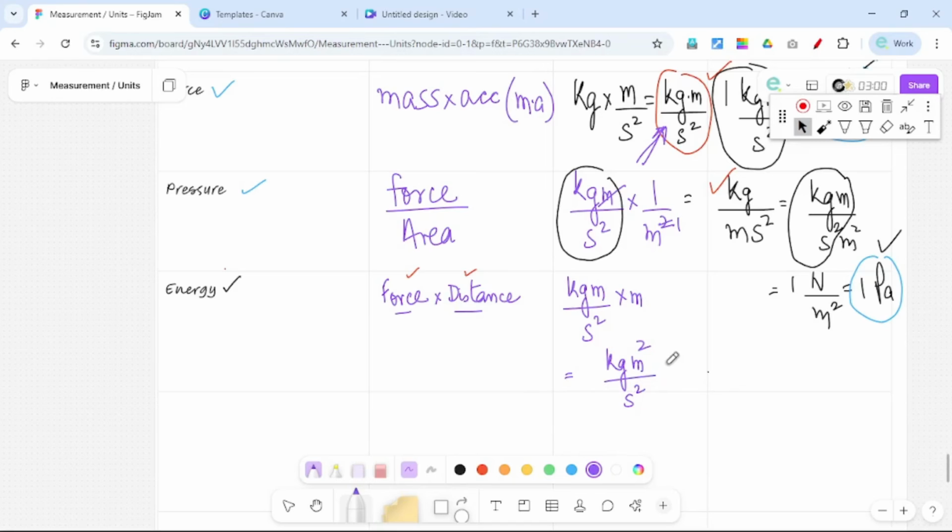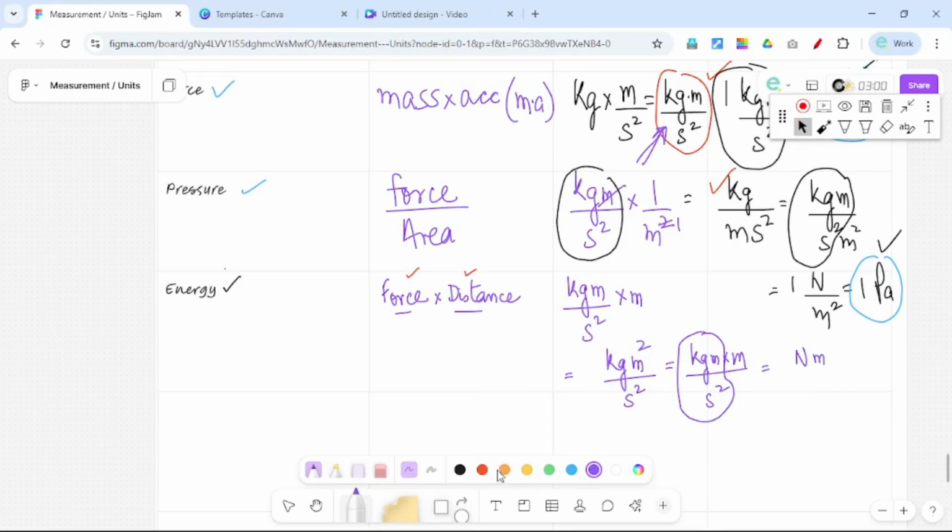Or you can also write this as kg meter, this meter square I am now writing as meter into meter, divided by second square. This kg meter per second square, we know it is 1 Newton. So this is Newton meter.